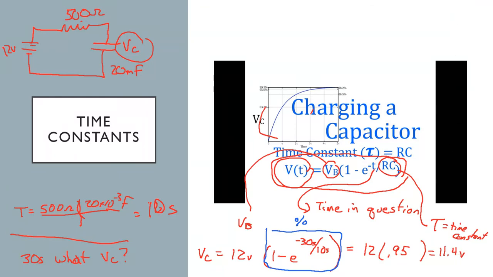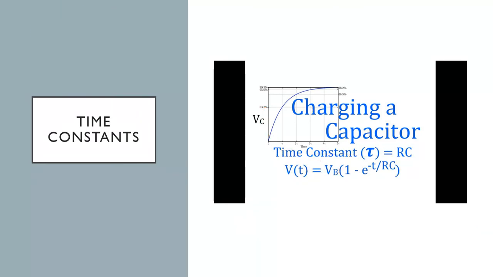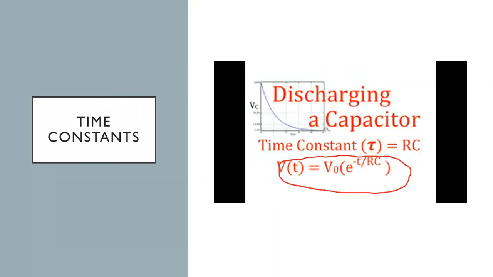So clearing off some of this stuff, now that we've defined each term and kind of looked at an example, this equation is for a capacitor when it's charging. The capacitor when it's discharging is the exact same equation, except it's not 1 minus, right?